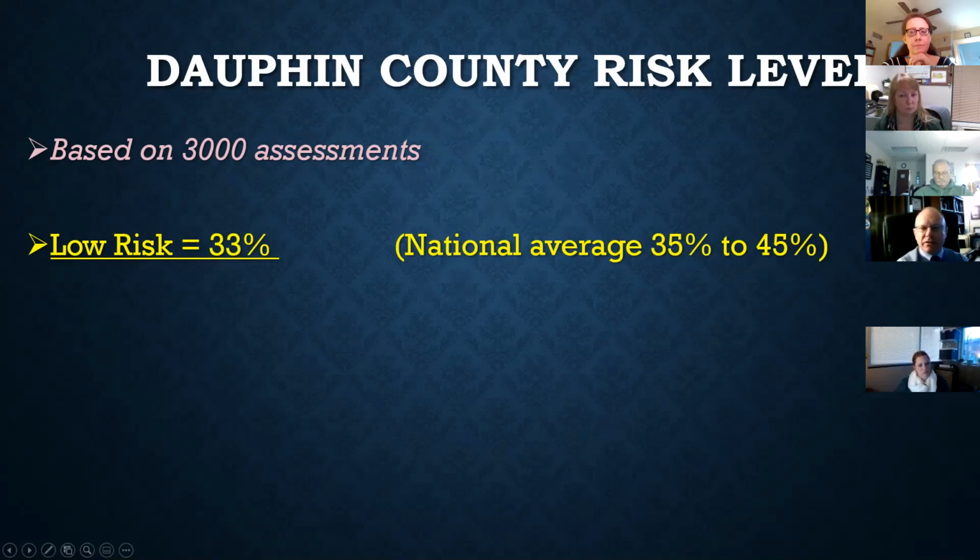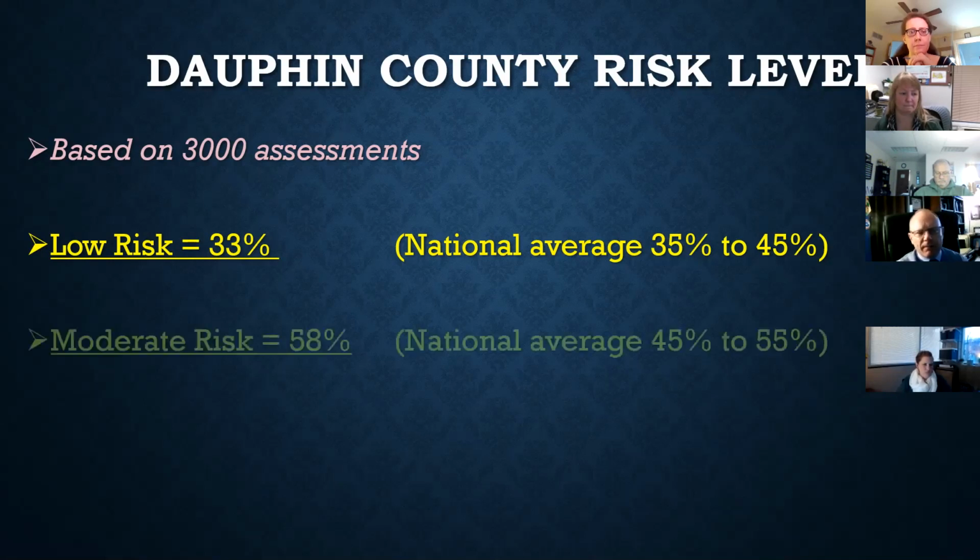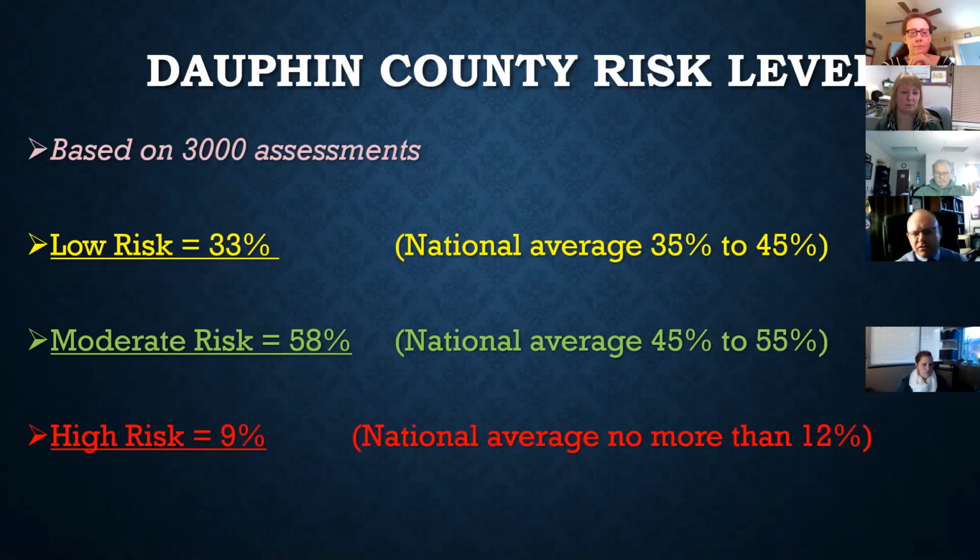In most jurisdictions, the research shows your low population is going to be in that percentage realm. And then moderate risk offenders, we had 58%, so 3% above the national average. And then our high risk, 9%, national average no more than 12%.